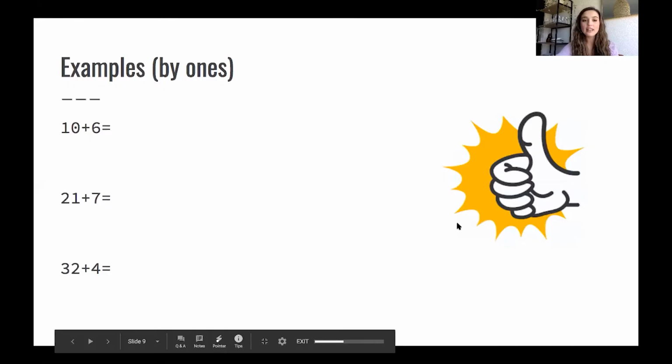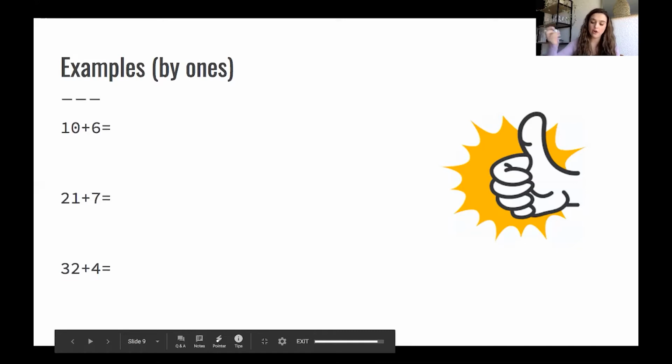All right, I am going to share my screen with you again so that we can look at the next examples we want. All right, so we already did our last slide. Now let's look at these. The first problem I see is 10 plus 6.